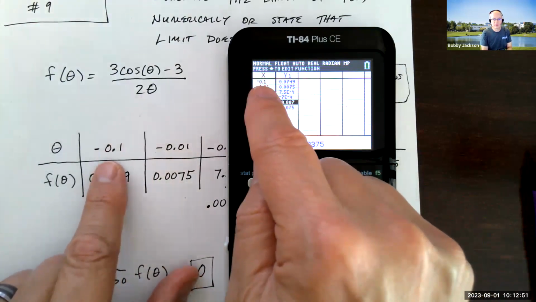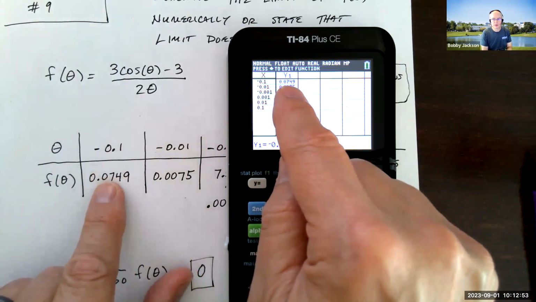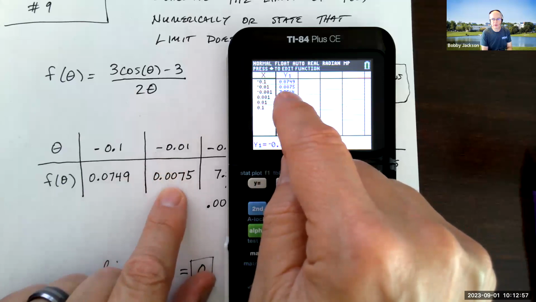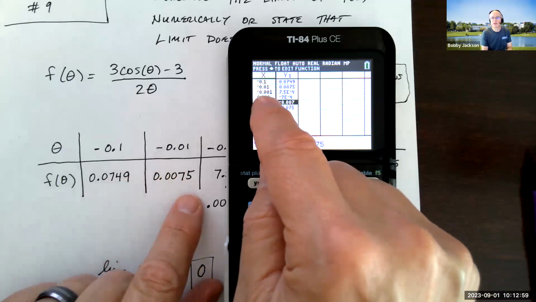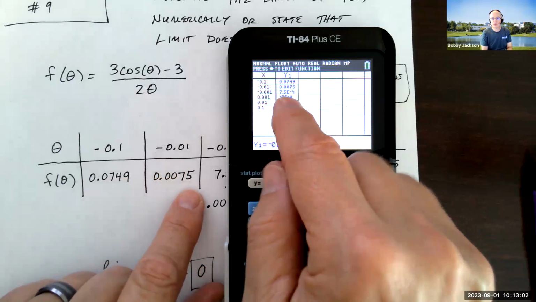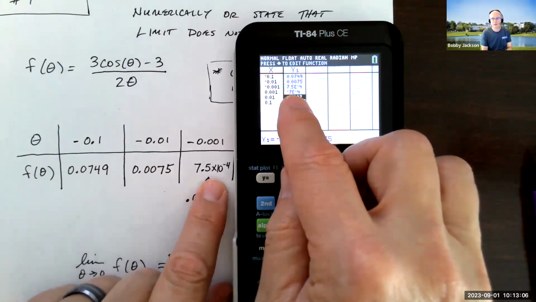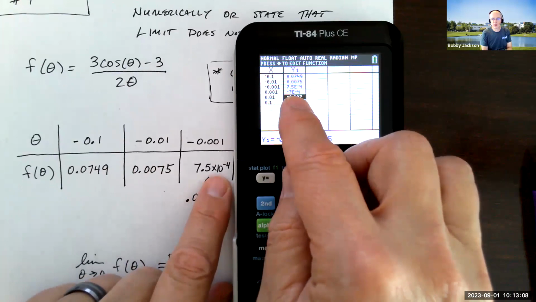So at negative 0.1, I get 0.0749. At negative 0.01, I get 0.0075. At negative 0.001, I get 7.5 e to the negative 4. What's that mean? Well, that's 7.5 times 10 to the negative 4.